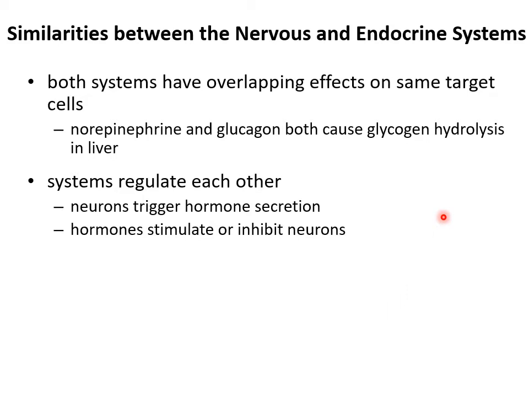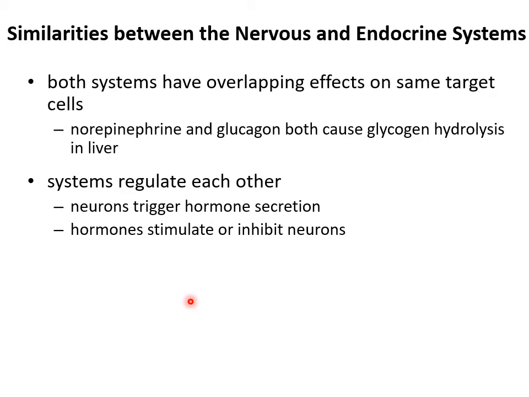The nervous system and the endocrine system obviously frequently have overlapping effects on the same target cells. So there are cells that can respond to nervous system signals and hormonal signals. For example, glycogen hydrolysis in the liver responds to norepinephrine, which is a fight or flight signal, and glucagon, which is a hormonal signal.